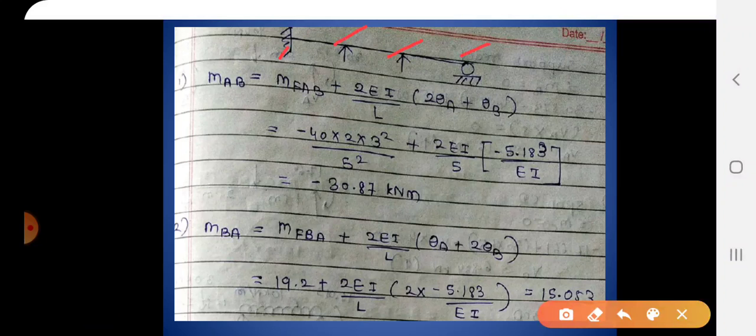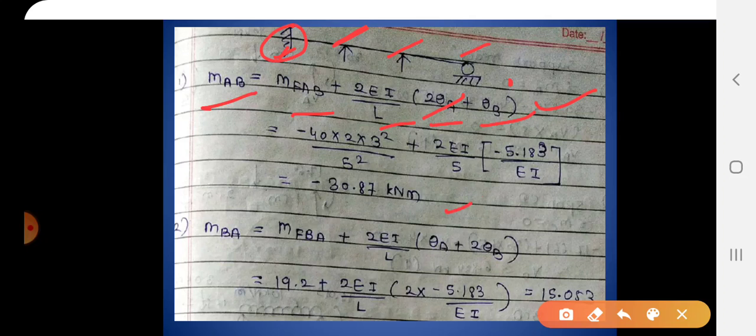While calculating MAB, A is a fixed support and B an intermediate continuous support, therefore the normal slope deflection equation: MFAB plus 2EI by L into 2 theta A plus theta B. Theta A will be 0 because A is a fixed support.